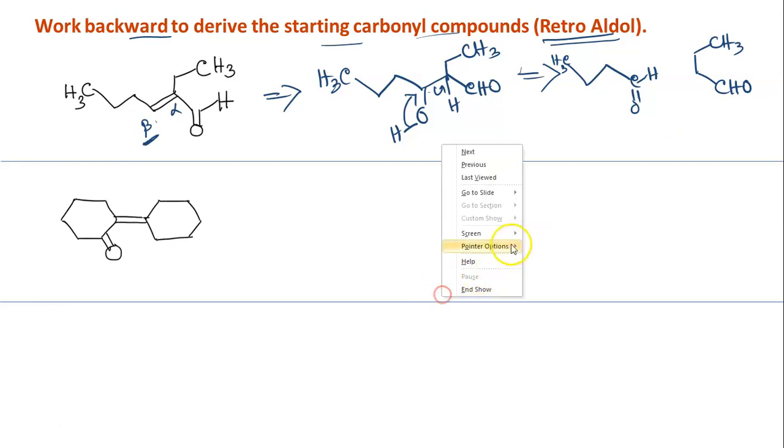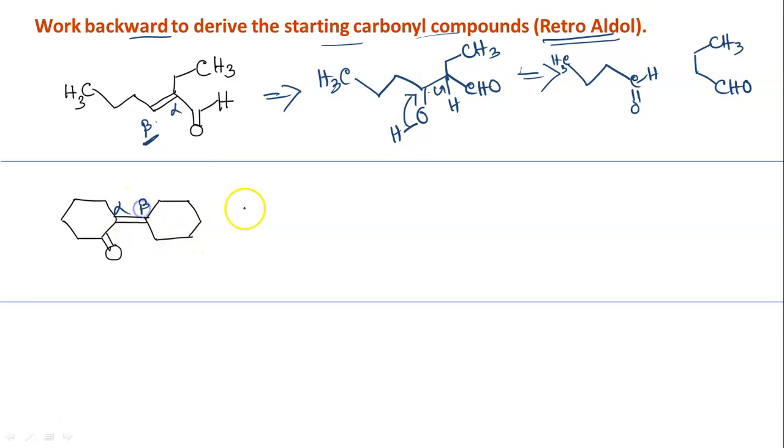Next example, this is also an alpha beta unsaturated carbonyl compound. First we will generate OH at the beta position, and we will remove the unsaturation. So this OH bond will be broken, and the CC bond will be broken.